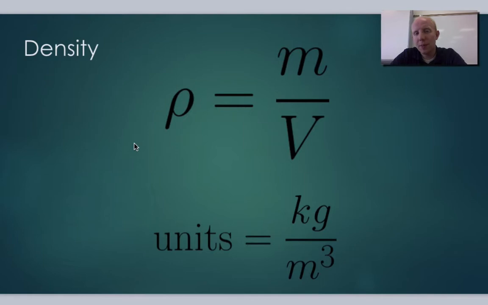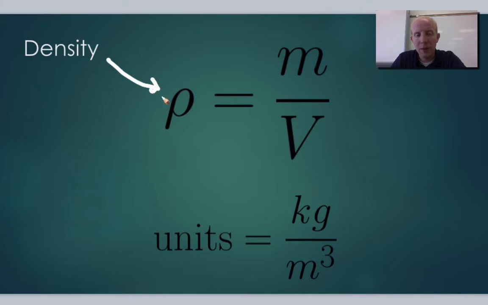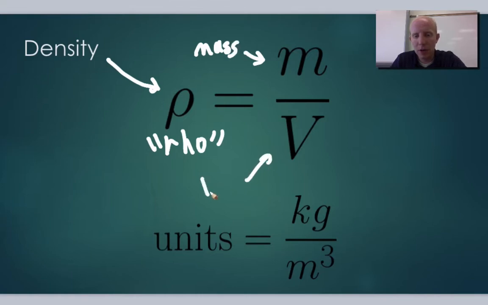So density, mathematically, we use the variable rho to represent it, and it's described as mass over volume. The Greek letter is rho. It looks like a little p, but that actually is rho. It's equal to mass over volume.